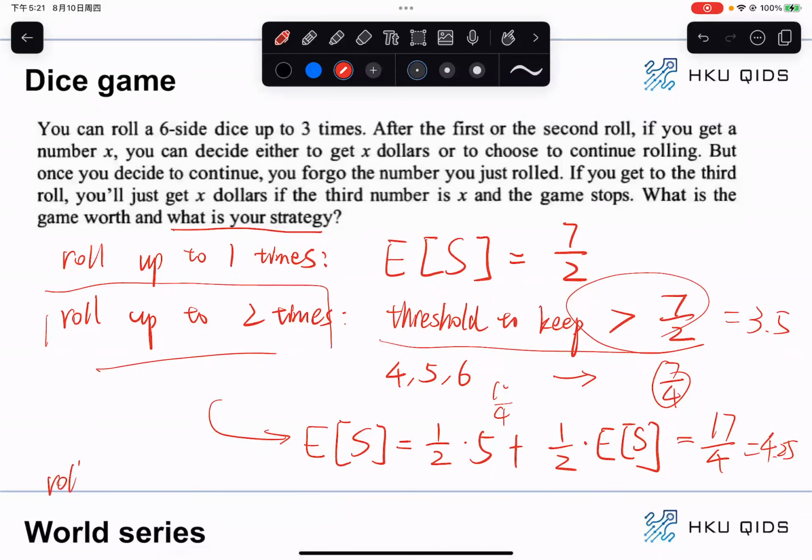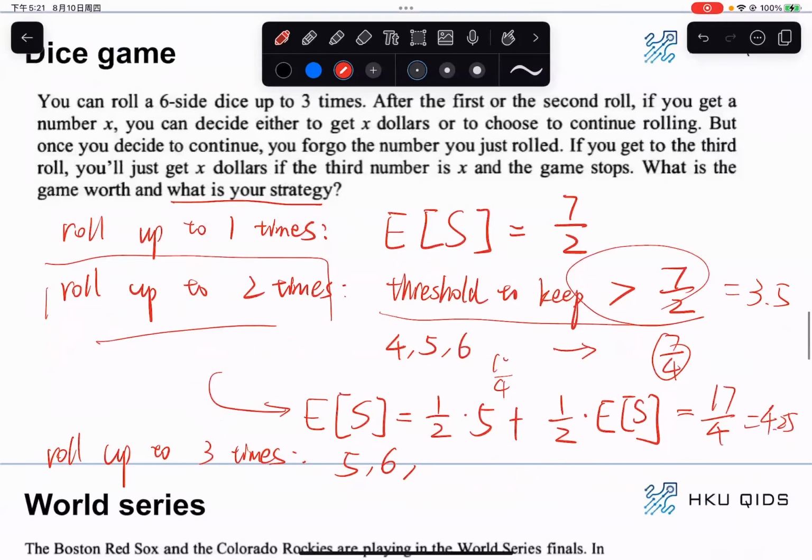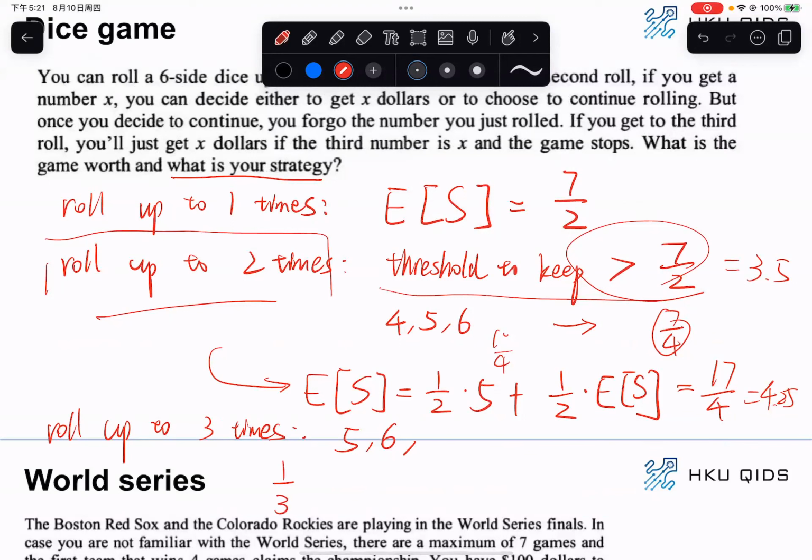And now we know the 3 times. So if we can roll up to 3 times, then for the first time, we will only keep 5 or 6, right? And the probability of that is 1/3. And there is a 2/3 probability to have this ES2.